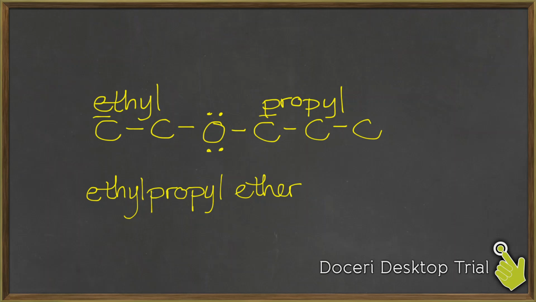If that word ether sounds familiar to you, if you're a history buff, you may have heard of ether before. Ethers were used in the early stages of surgical anesthesia. Ether is a very volatile liquid. It evaporates very easily. If you've ever seen an image from some of the earliest days of surgical procedures, you'll see the patient with either a cloth or a cone over their mouth and nose, and the nurse would pour liquid ether over the cone.